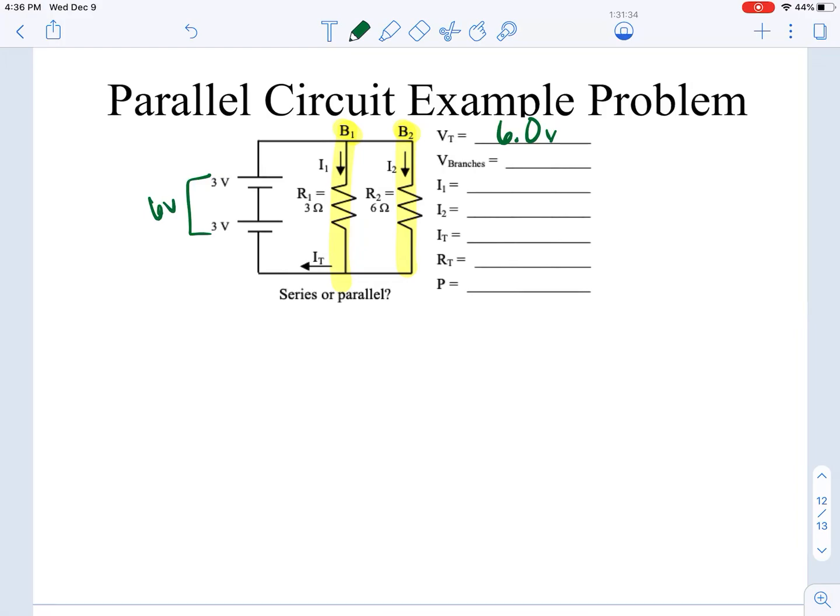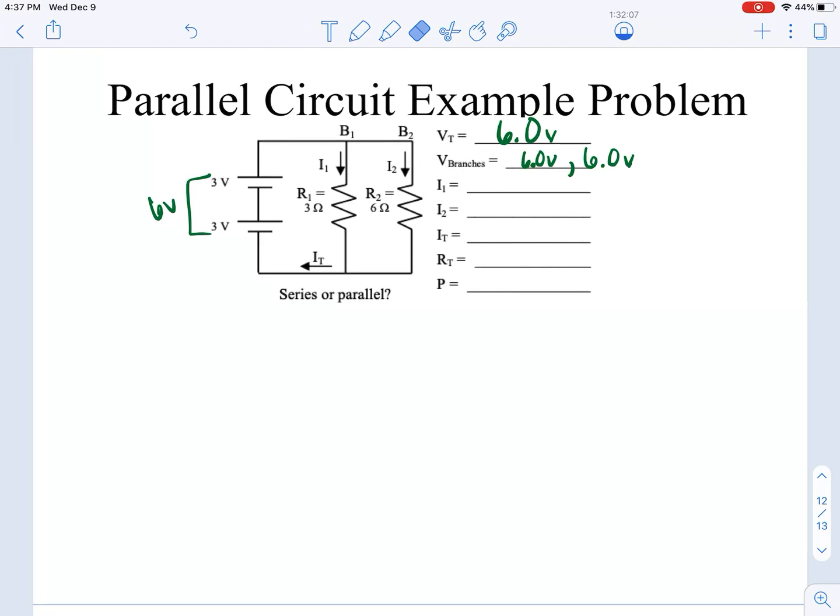Once you understand that it's the same voltage in all of the branches, then them asking for V branches makes perfect sense. But we're still learning, so I'm going to clearly identify branch number 1 is going to have 6 volts, and branch number 2 is going to have 6 volts. It should be the same voltage in both branches. Again, we only have one resistor on each branch for our questions.